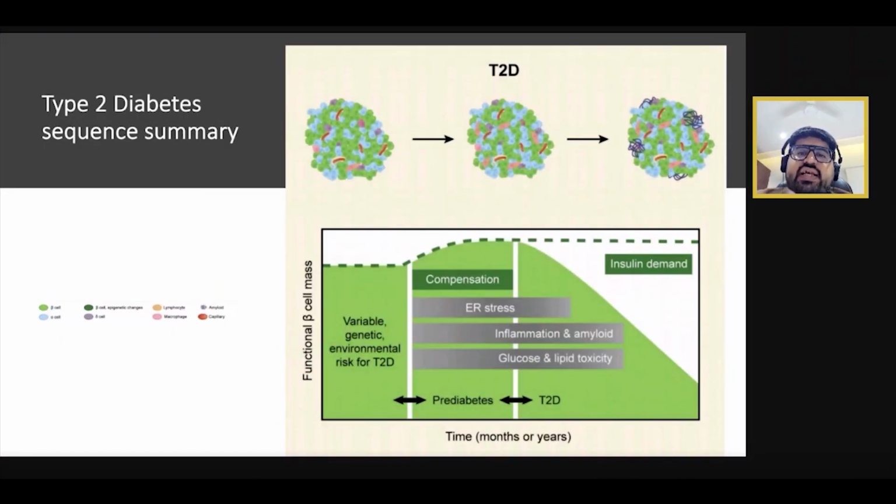Moving ahead. So this is again the sequence of events, like I discussed. Again, you see the islets of the pancreas. On the left, you can see a robust islet, but in the early stage, remember, you can see the green color is increased slightly, right? And later on, as the insulin demand increases, you can still see beta cells, and you can see the beta cells have not declined too much, right? But they'll gradually decline. What you see is these fibrillatory purple things.